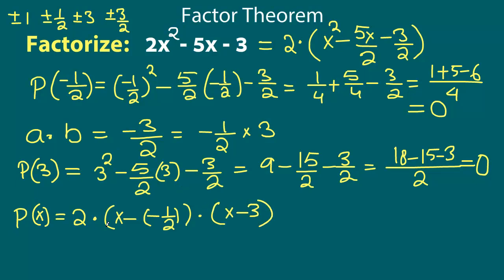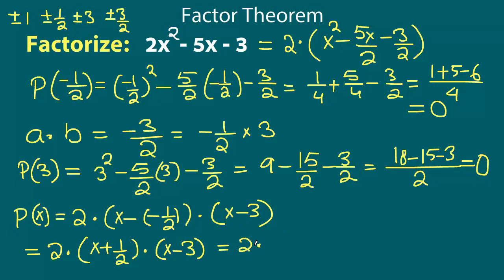So these are 2 factors. Now we can clean this up. We can rewrite this in the form of, let's do it over here. So we have 2 times, this will be simply x plus 1 by 2 times 3x minus 3. Or we can write this as, we can actually simplify this.